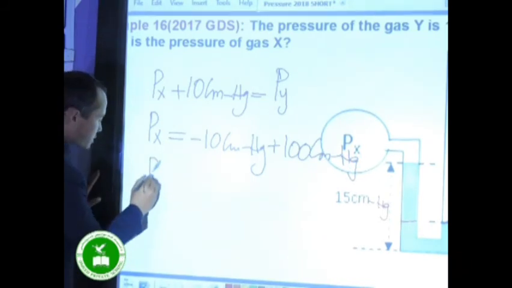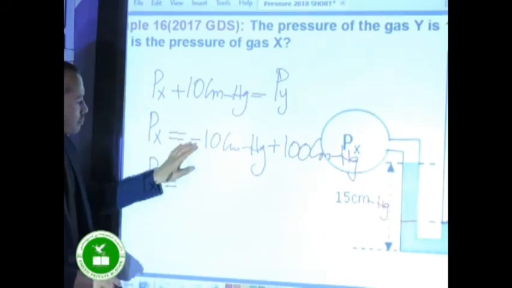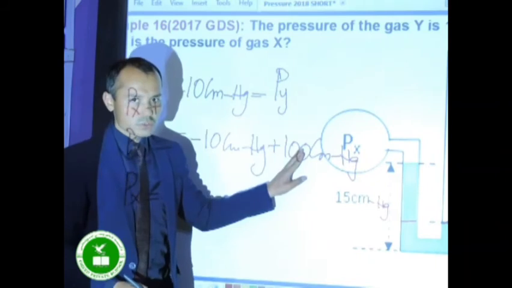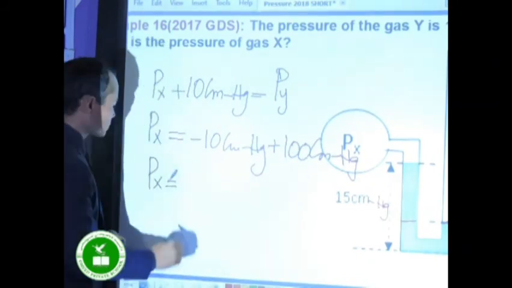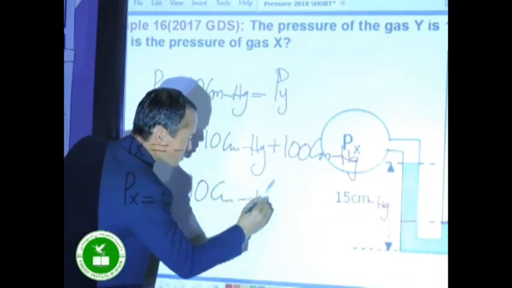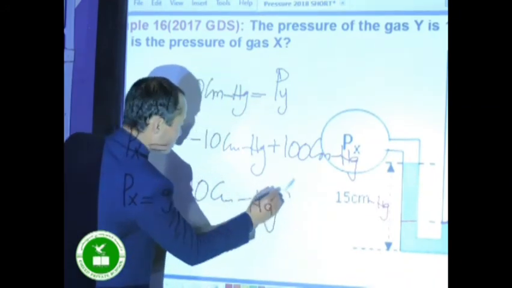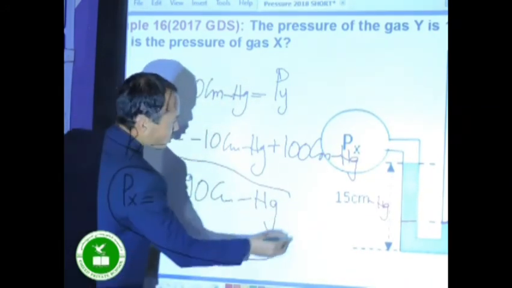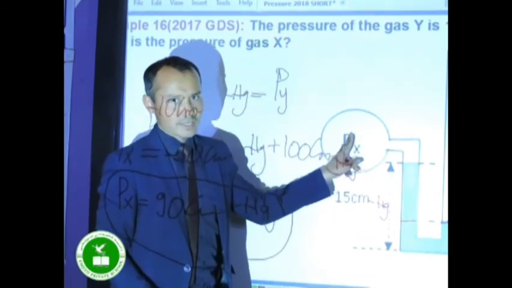So Px is equal to minus 10 plus 100, which is 90 centimeter Hg. This is the pressure of this gas.